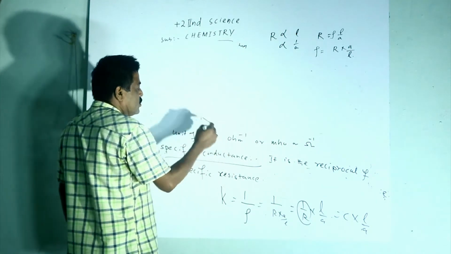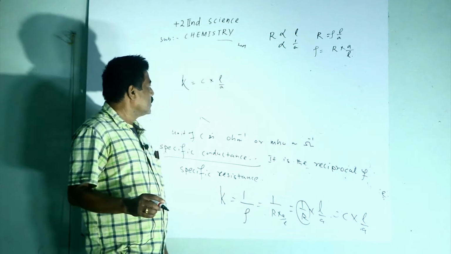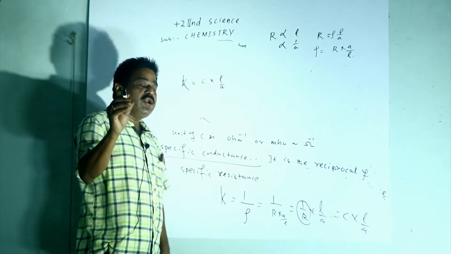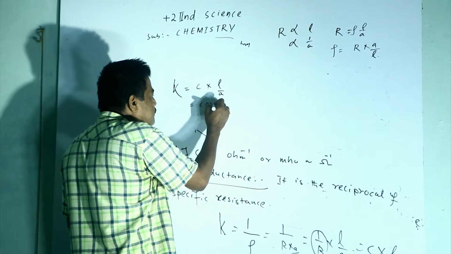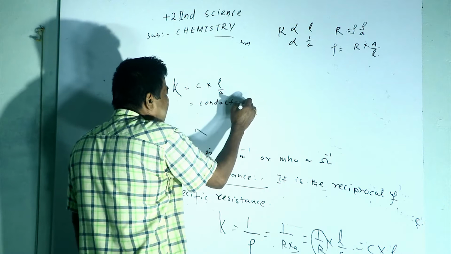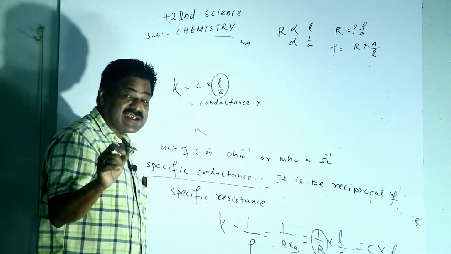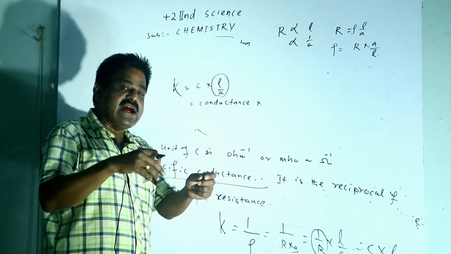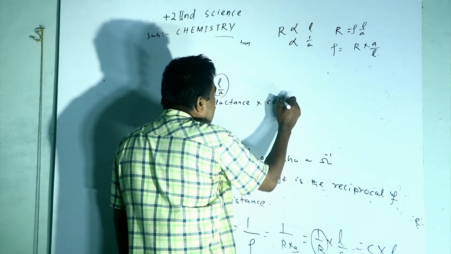So kappa is equal to C into L by A. Here C is called conductance, and L by A can be written as cell constant. In a particular electrolyte cell, length and cross-sectional area are always constant, and it is called cell constant.